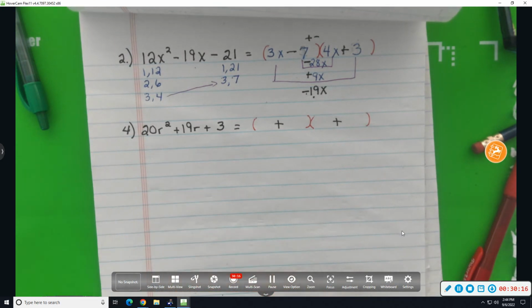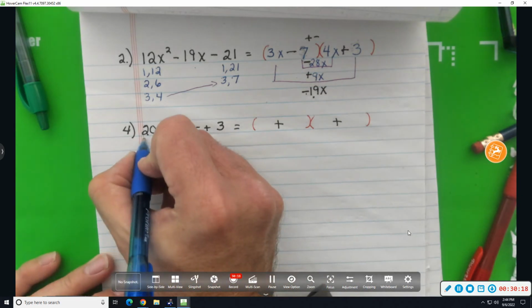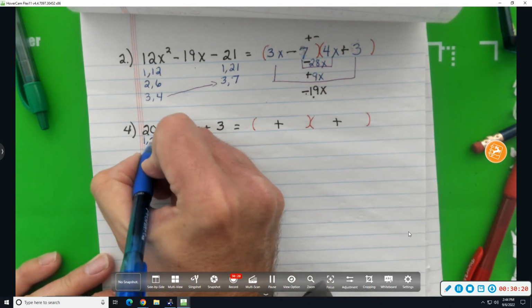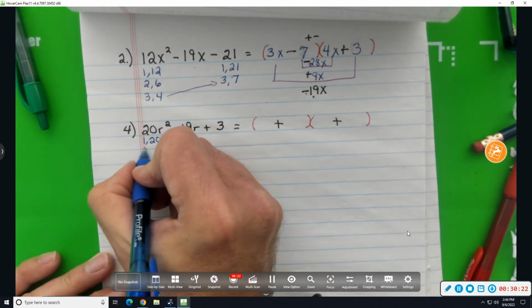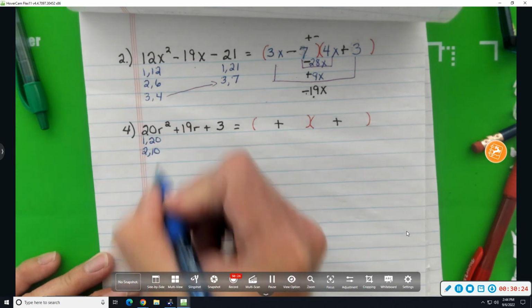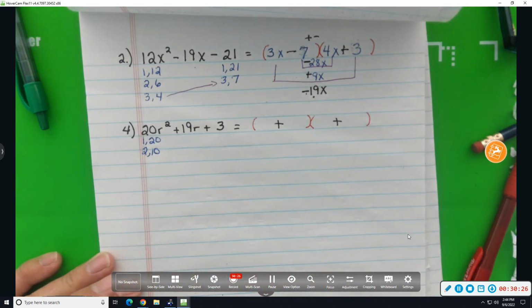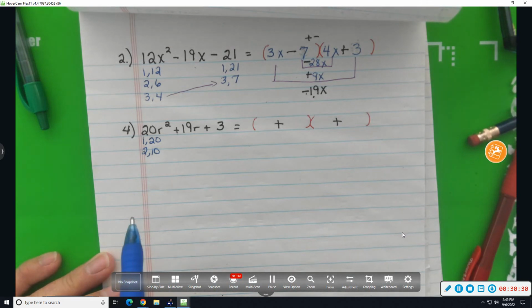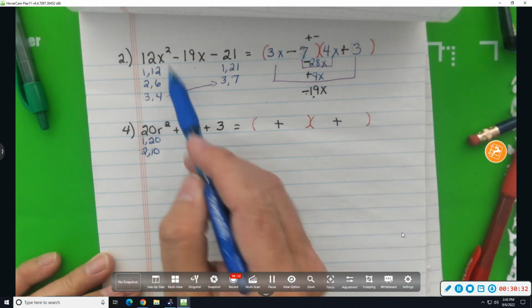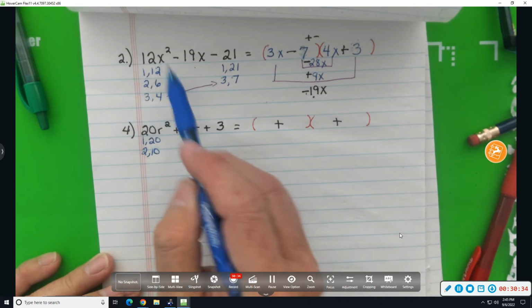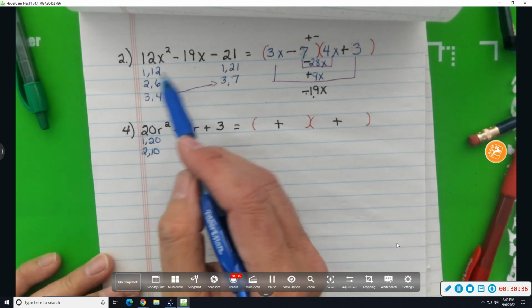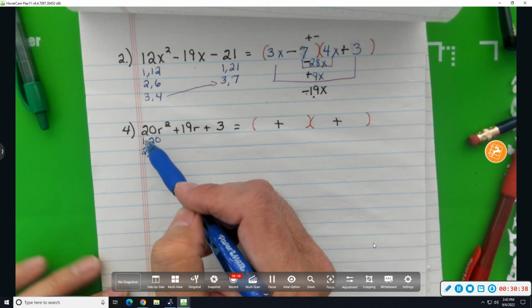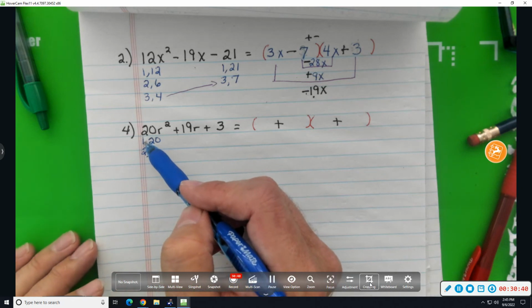Now we write out the numbers that multiply together to give 20. I remember the semester a student told me, when I was doing this, stop right there. How are you getting those numbers? And it was actually 12 that I was doing. She said she punched 12 into her calculator and it didn't give her those numbers. And I was like, oh my gosh.